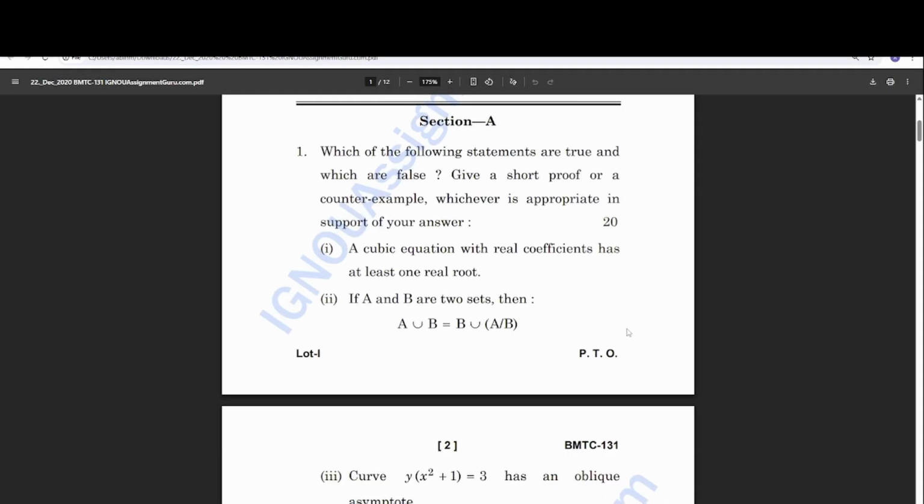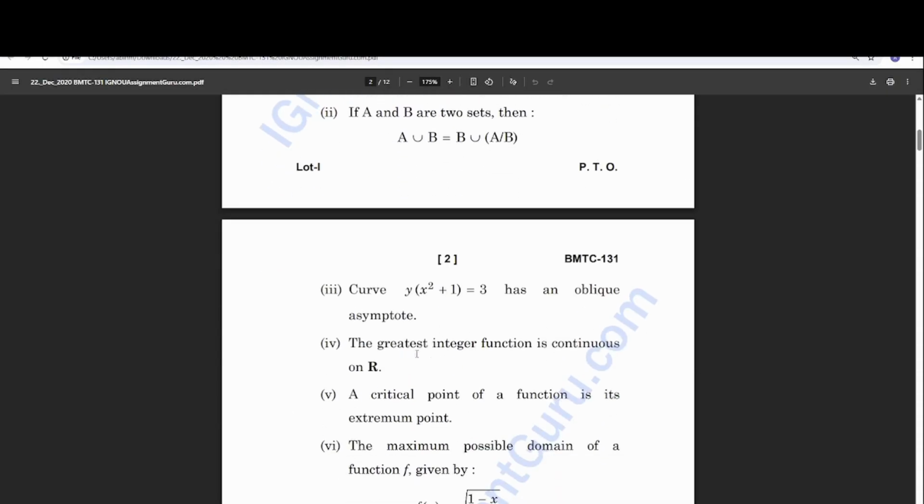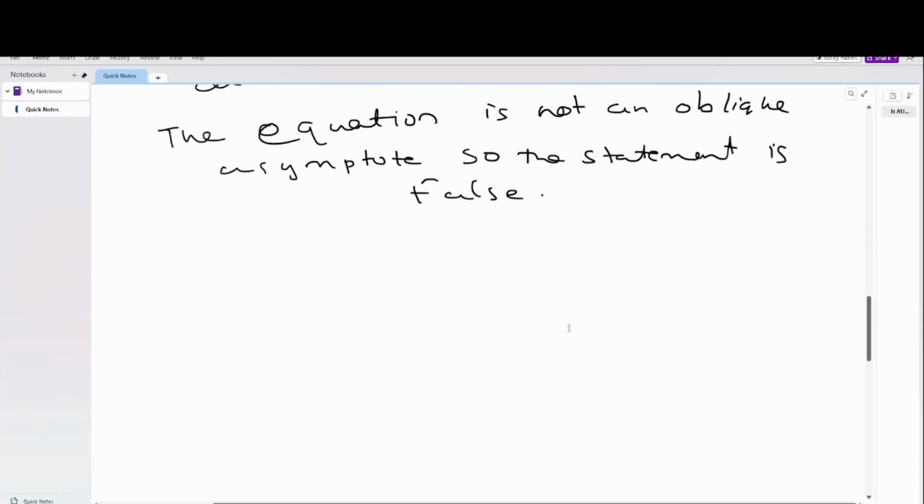So the next question is, the greatest integer function is continuous on R. We want to prove whether this statement is true or false. From this we can see that this statement is false. Let me prove that. So the question is 4.